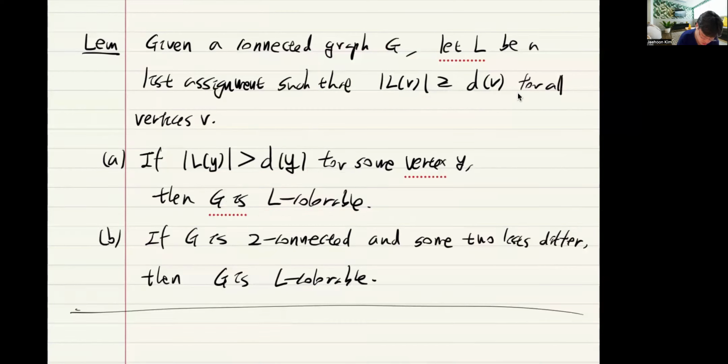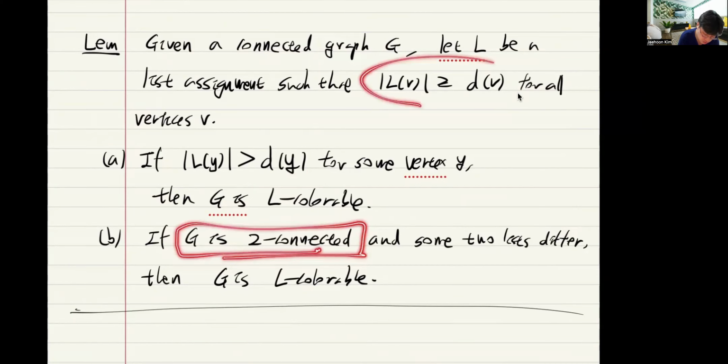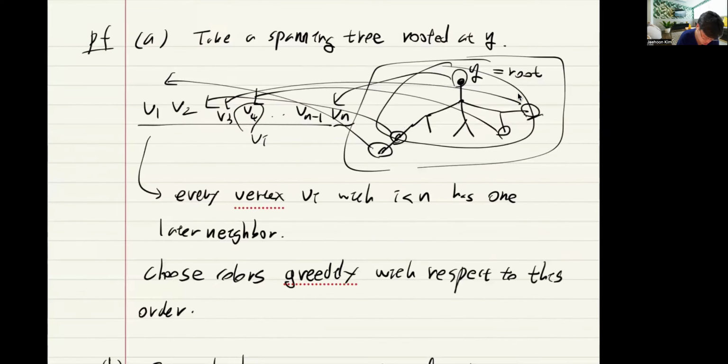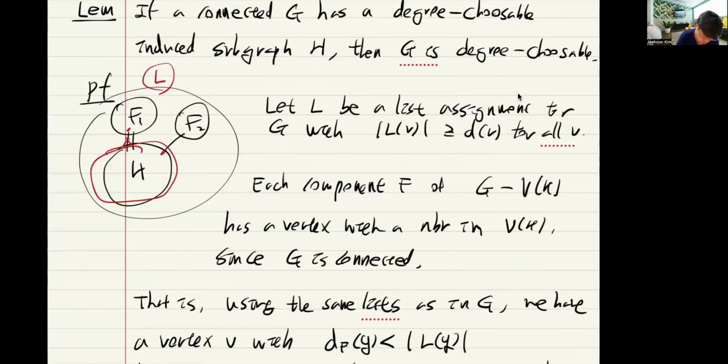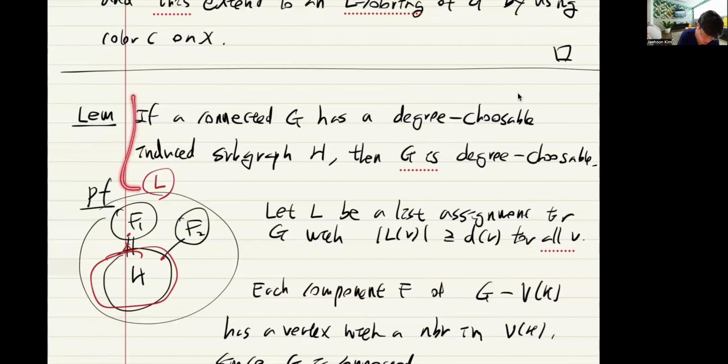And also the second one is that if we have a two-connected graph satisfying this condition, and some two lists are different, then it is L-colorable. And also we show that if a connected graph G has a degree choosable induced subgraph, then it is degree choosable.